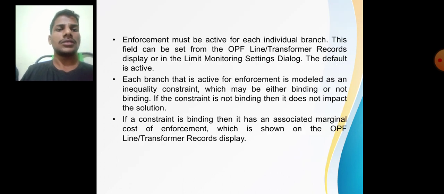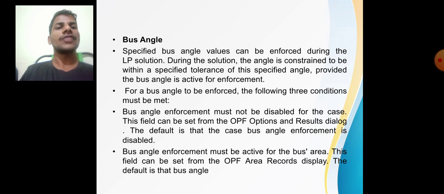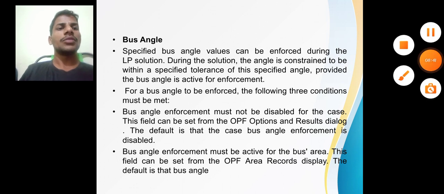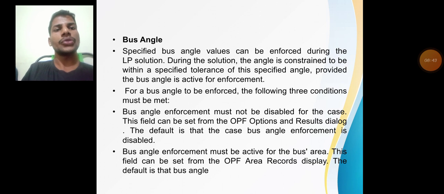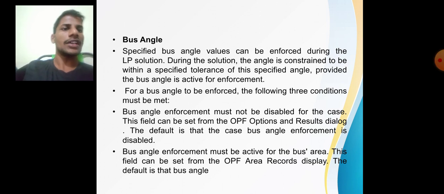Finally, bus angle. The specified bus angle values can be enforced during the LP solution. During the solution, the angle is constrained to be within the specified tolerance of the specified angle, provided the bus angle is active for enforcement. Bus angle enforcement must not be disabled for the case. This field can be set from the OPF options and results display.